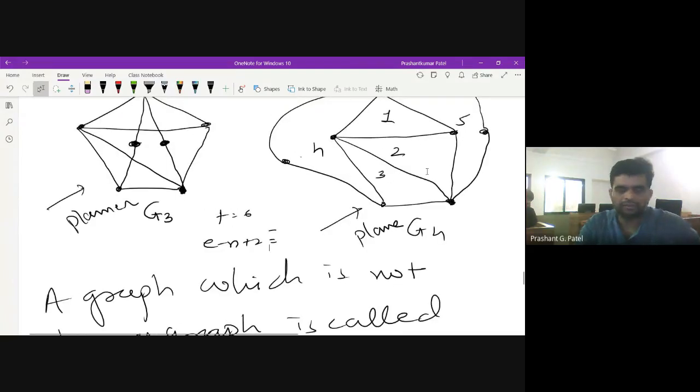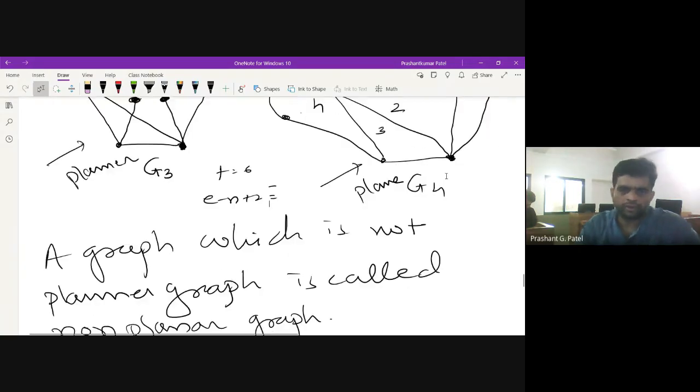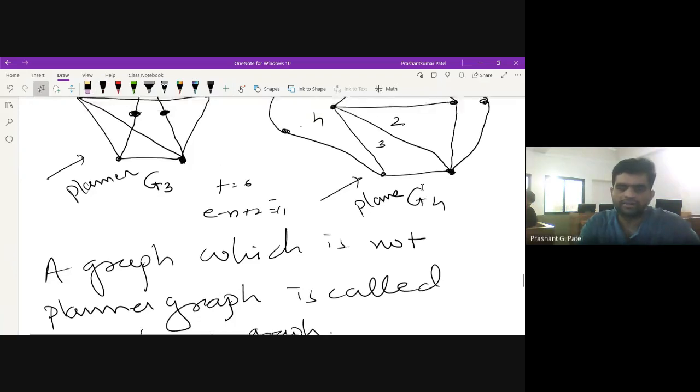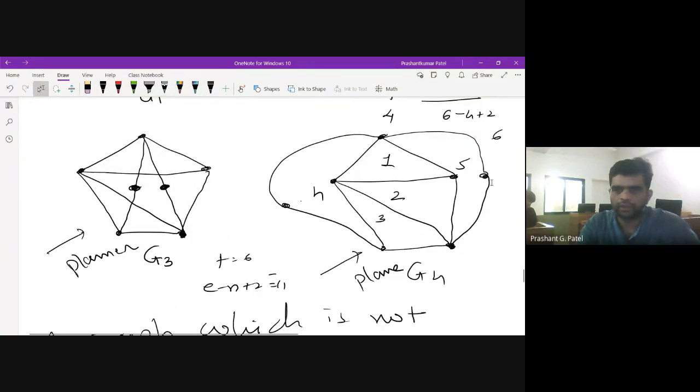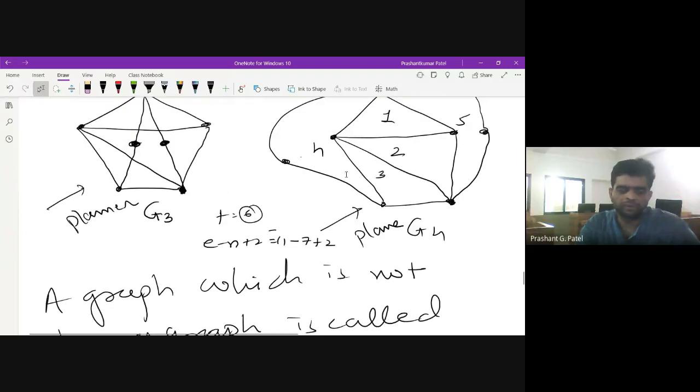So e is 11. The number of vertices are 1, 2, 3, 4, 5, 6, 7. 11 minus 7 gives 4, 4 plus 2 is 6. So for any planar graph, this will always be satisfied.